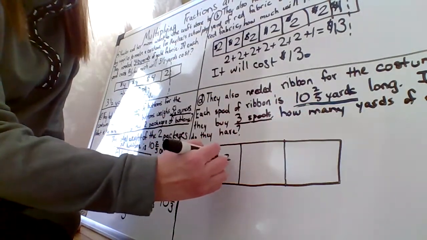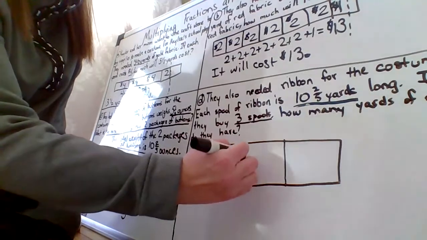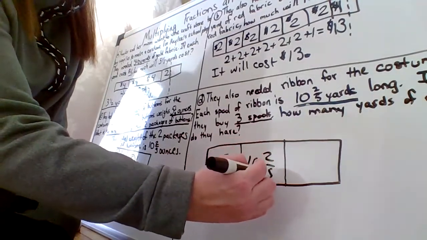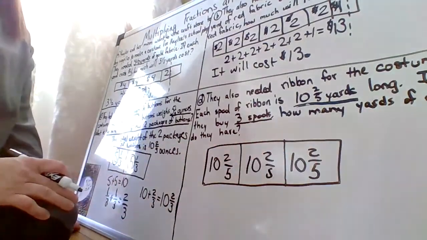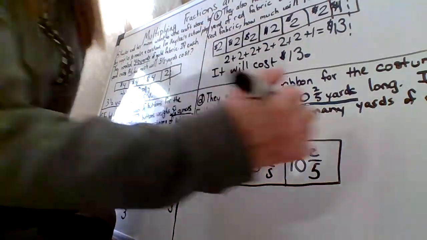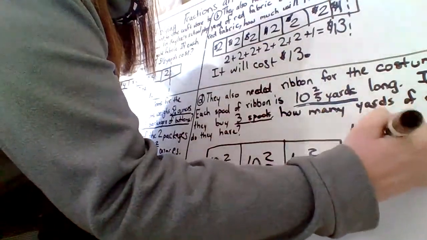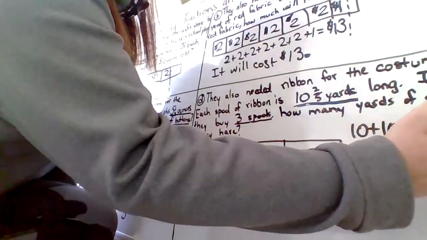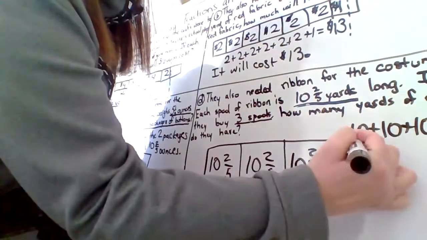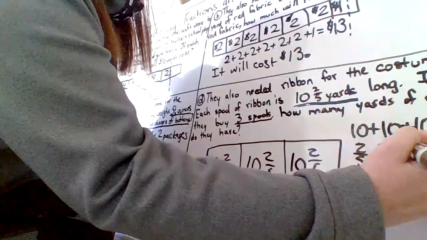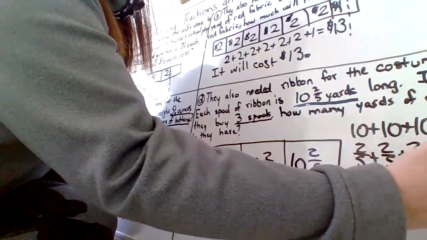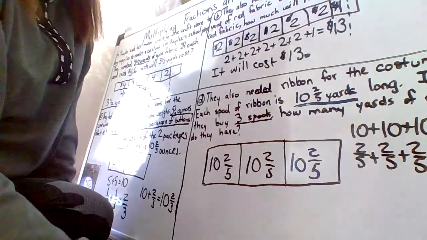So I'm going to write 10 2/5, 10 2/5, 10 2/5, and then I have to add them together. 10 plus 10 plus 10 equals 30. 2/5 plus 2/5 plus 2/5 is equal to 6/5.